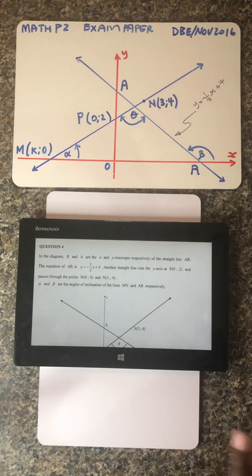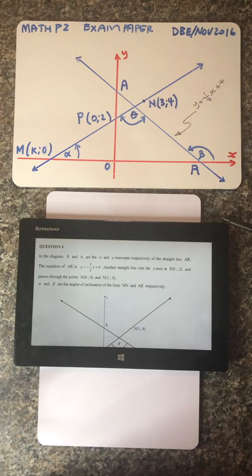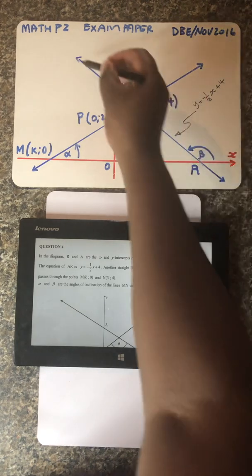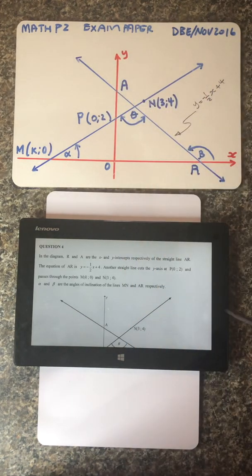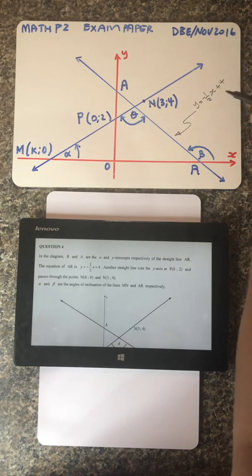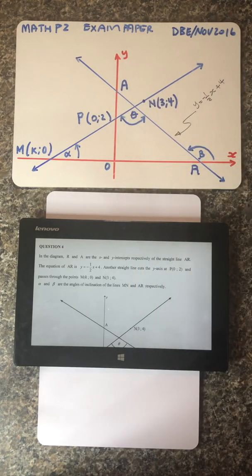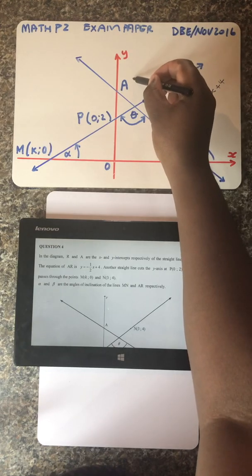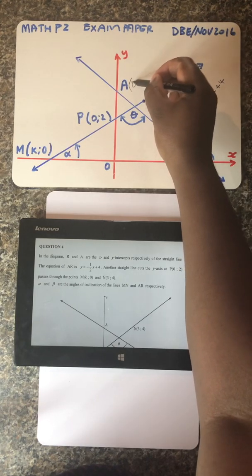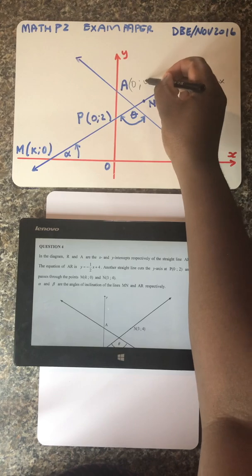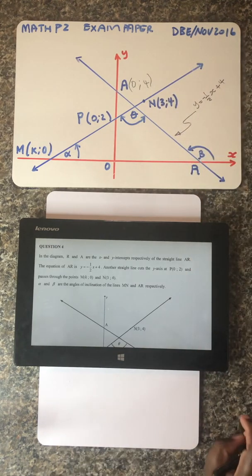With regards to a straight line, that means the gradient of AR is -1/2, and the y-intercept of straight line AR is equal to 4. So the coordinates of A, obviously x is 0 and y is 4.